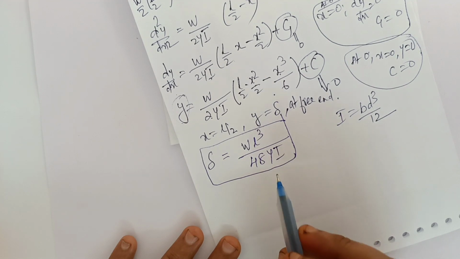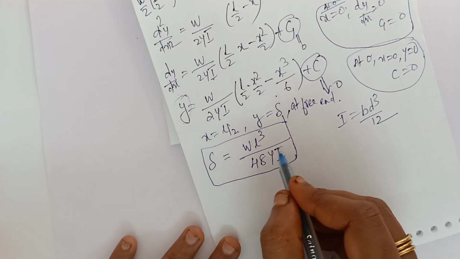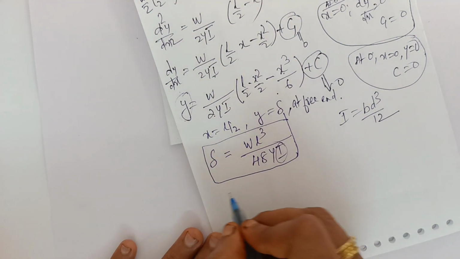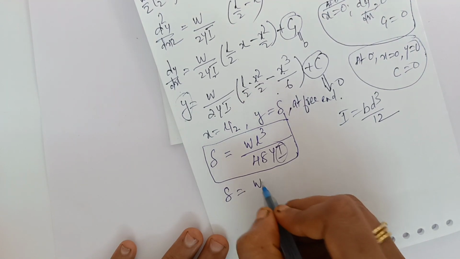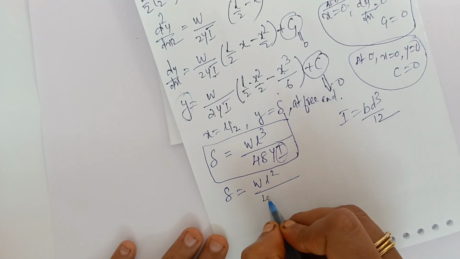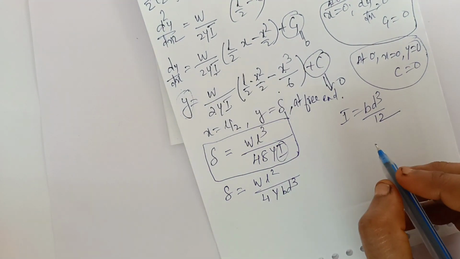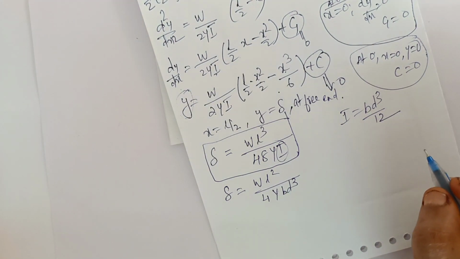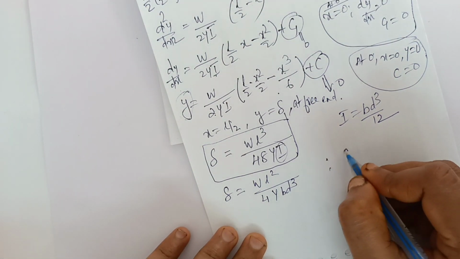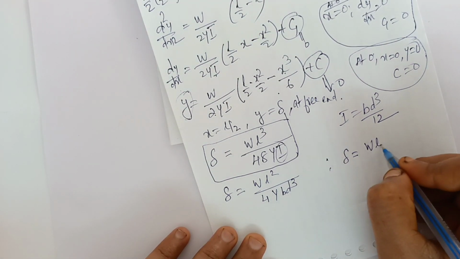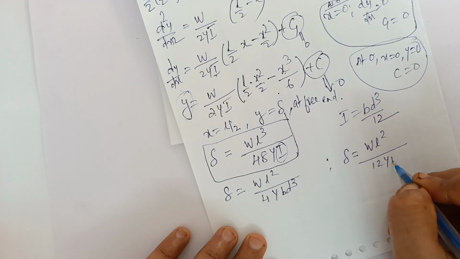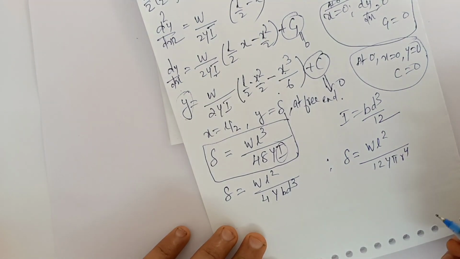So for the rectangular cross section, instead of I we will put bd cube by 12. So delta is equal to WL cube by 4Ybd cube. Now if we are having a circular cross section of radius r, then for a circle I is pi r raised to 4 by 4.